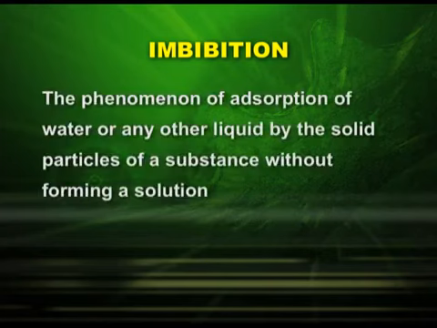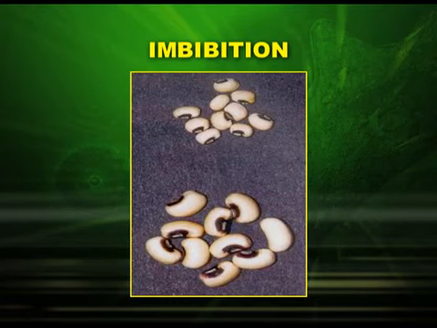The last process that we are going to study is imbibition. Let us define what imbibition is. It is the phenomenon of absorption of water or any other liquid by the solid particles of a substance without forming a solution. Now, what do you see in the diagram?